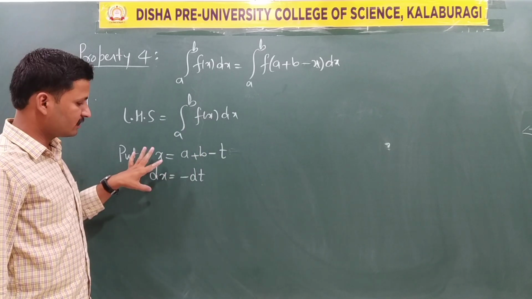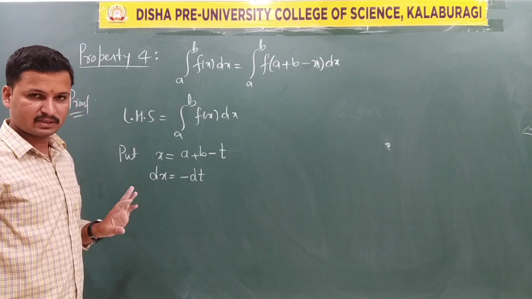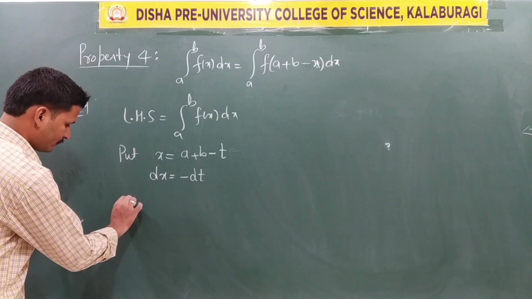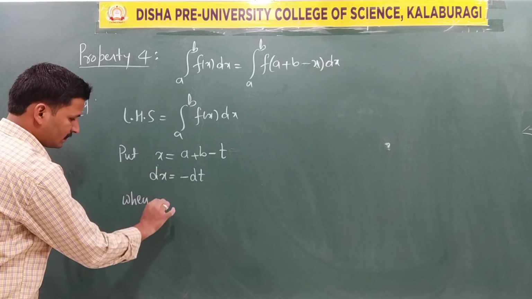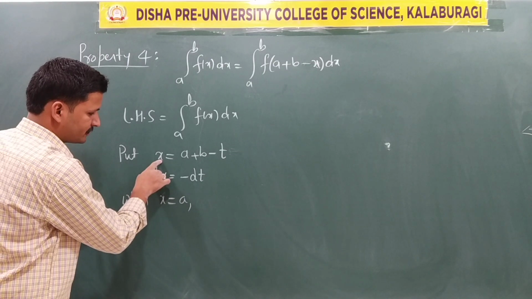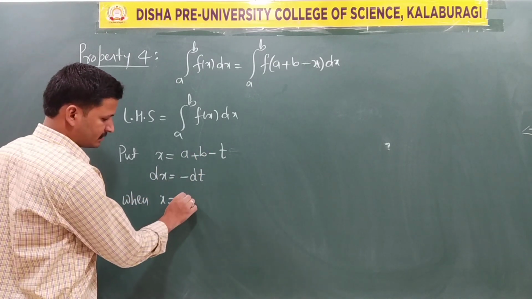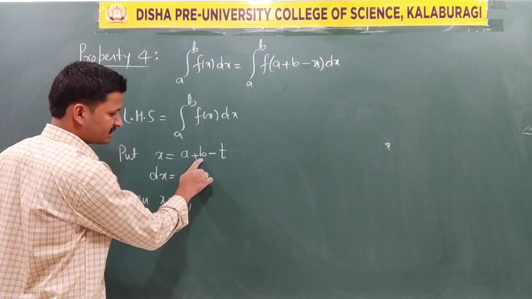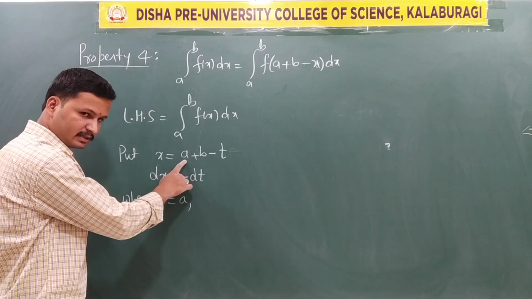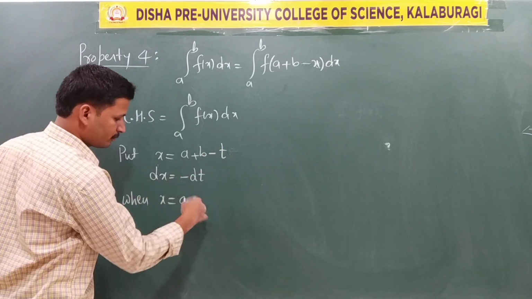Here we are using the substitution method, which means the limits also change. So when x is equal to a, then a is equal to a plus b minus t. A gets cancelled, then b minus t is equal to 0, so t is equal to b.